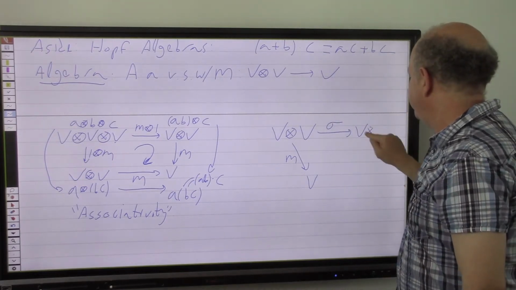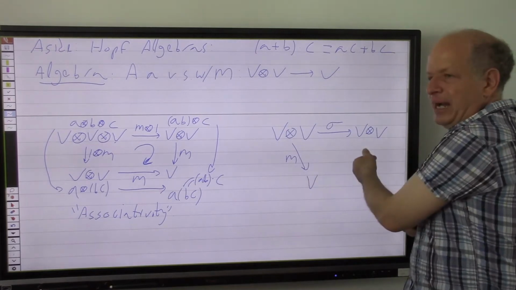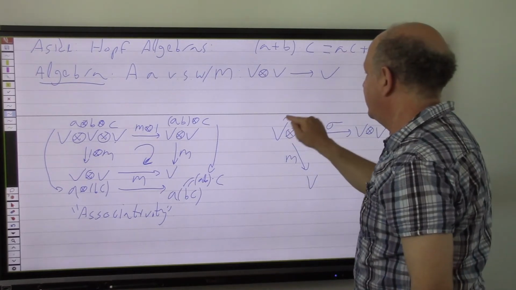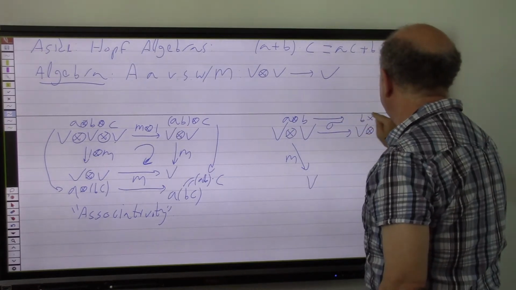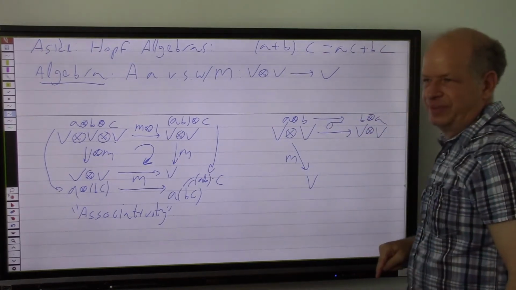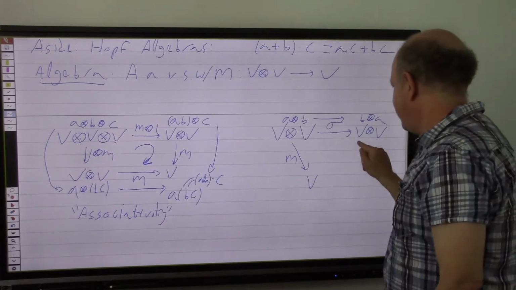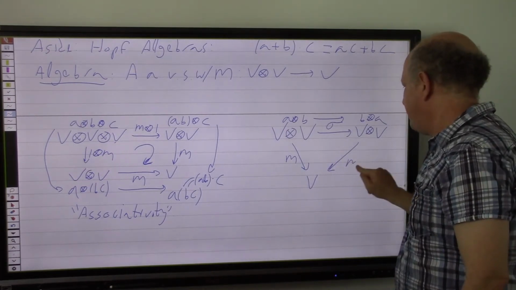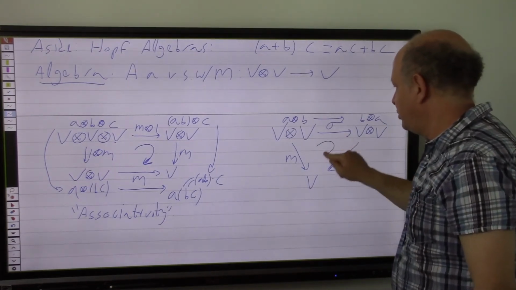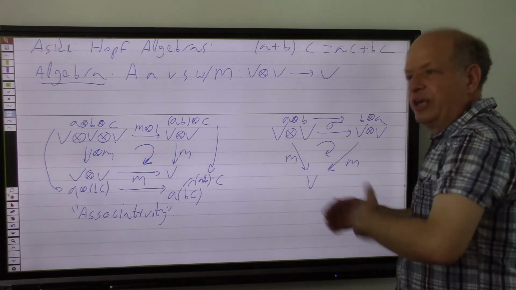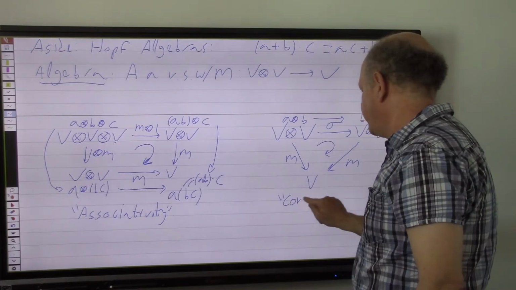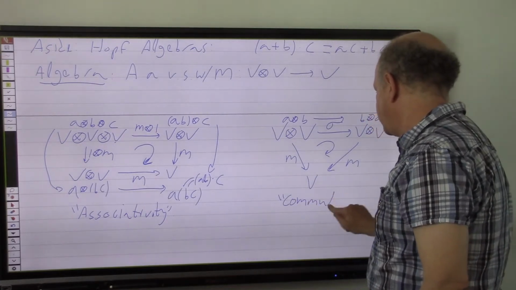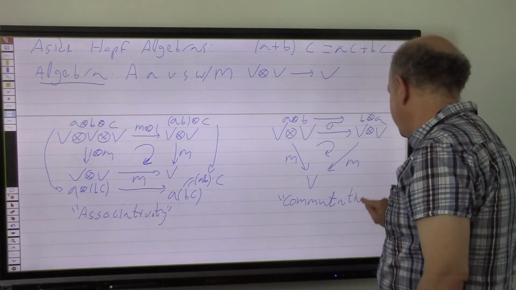This is the map that I will call sigma, and it is defined by mapping A tensor B to B tensor A. Okay? And then you apply the map M again, and the commutativity of this diagram is clearly the commutative law. So this is the commutative law.